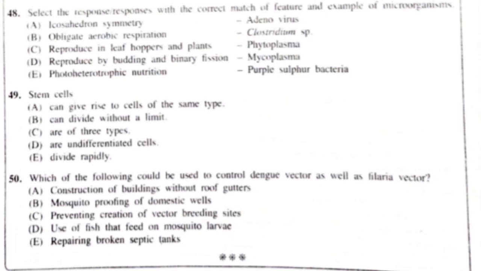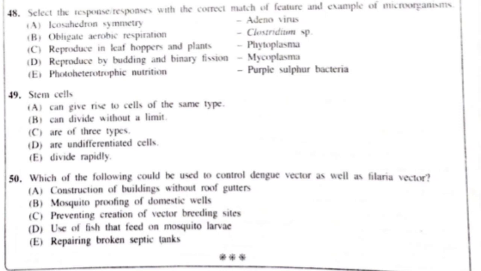Question number 49 is about stem cells. The correct statements are A, B and D. We know stem cells will always give rise to cells of the same type, and they have limitless cell division. They can divide without a limit, and there are 2 types of stem cells, embryonic stem cells and adult stem cells.